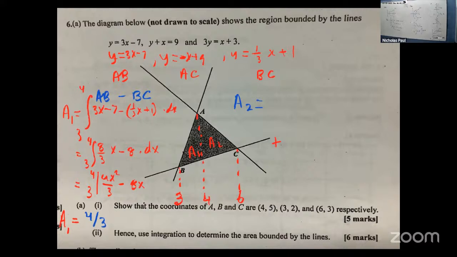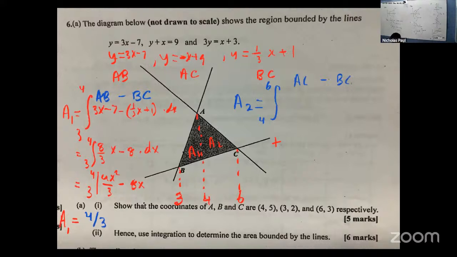At the top, right? So again, I still have to integrate between 6 and 4, AC minus BC.